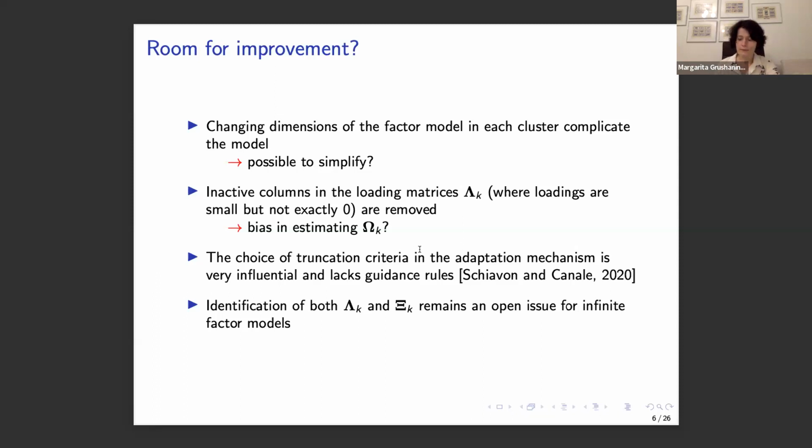And lastly, if we want econometric identification of the factor loading matrices and idiosyncratic noise covariance, it remains an issue for infinite factor models, because these identification rules assume a certain limit on the number of factors, and it's not clear how to make them hold for infinite factor models.